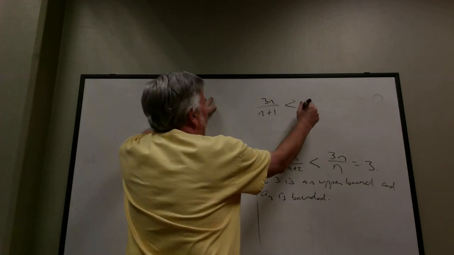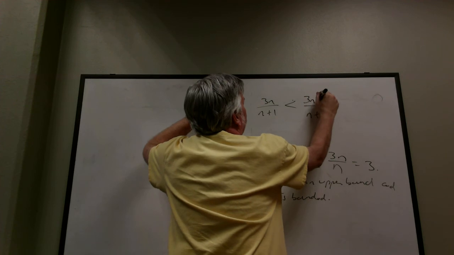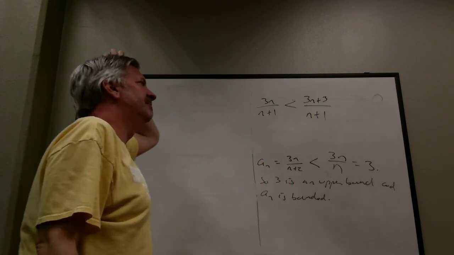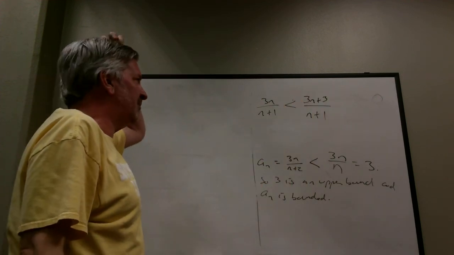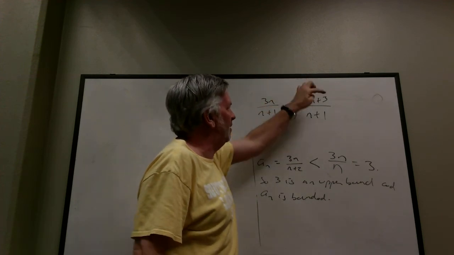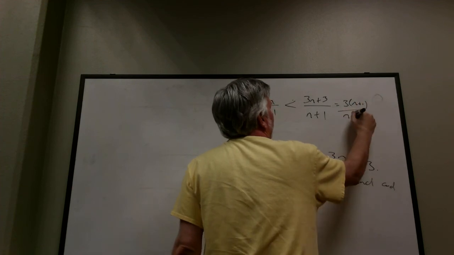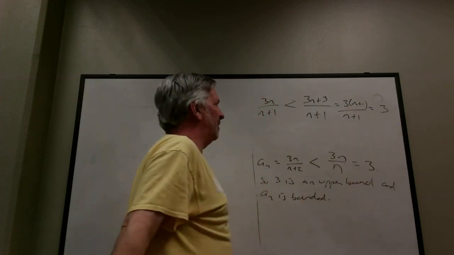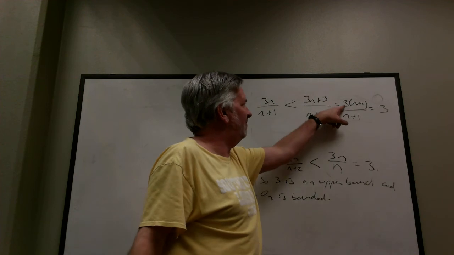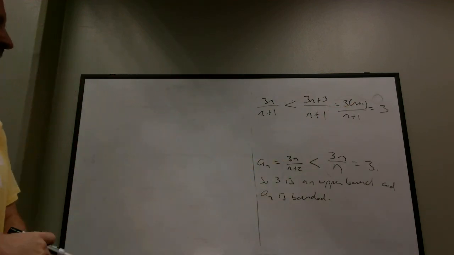So what I would do here, just to make the canceling work, is add 3 to the numerator. To make a fraction bigger, I left the denominator alone, I made the numerator bigger. But notice you can factor a 3 out of the numerator now. The n plus 1's cancel, and you get your 3. That's why I added 3, so I could factor it out and cancel. So I could have done the same thing that way to get the upper bound.